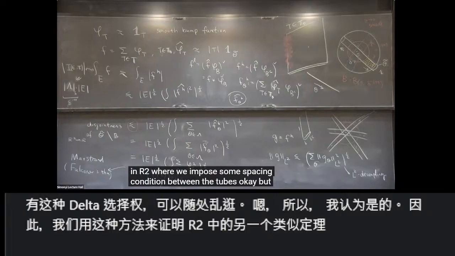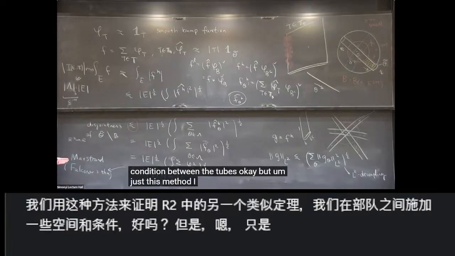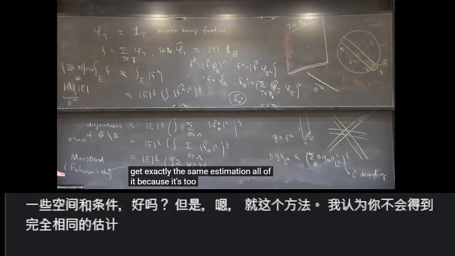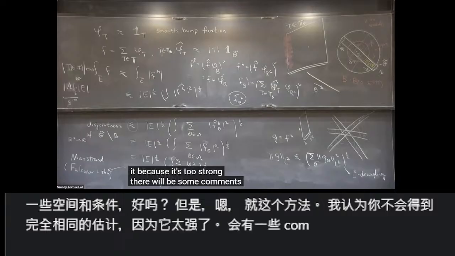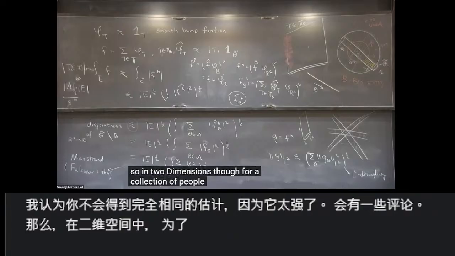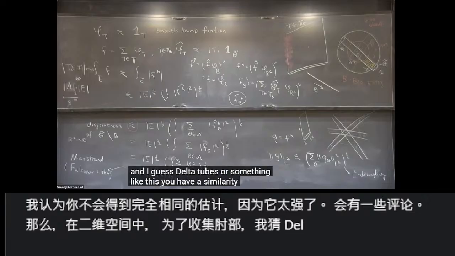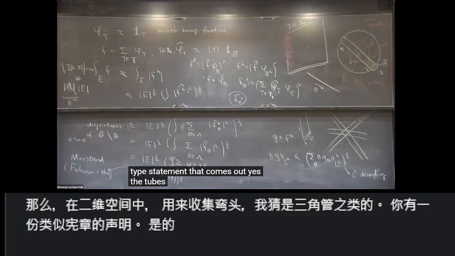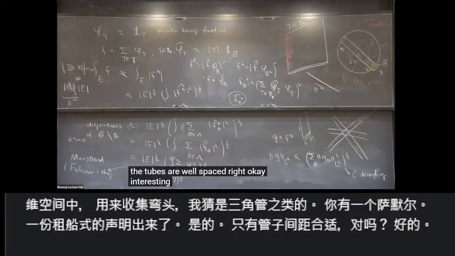But just with this method, I don't think you will get exactly the same as the original, because it's too strong, and there will be some counterexample to it. So in 2 dimensions, for a collection of delta balls and delta tubes, you have a Szemerédi-Trotter type statement? Yes, but you can only show it if the tubes are well spaced. Right. Okay. Interesting. Thanks.